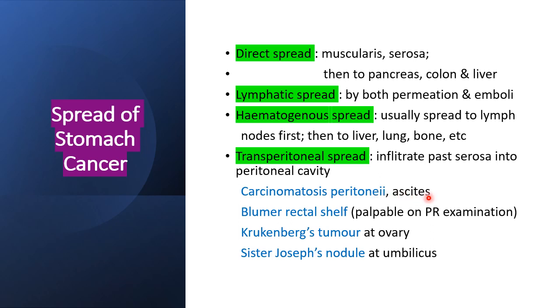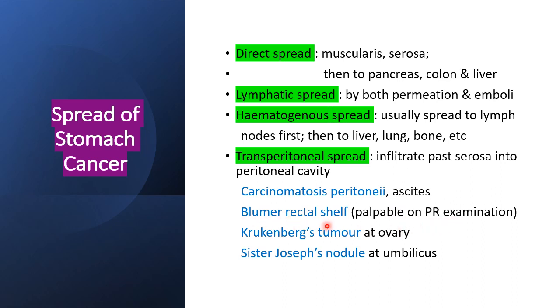It's an advanced condition. The patients are usually very emaciated and they usually have gross ascites which can be detected by clinical methods. Some of the deposits will be deposited in the Blumer rectal shelf, and these can be palpable on per rectal examination.